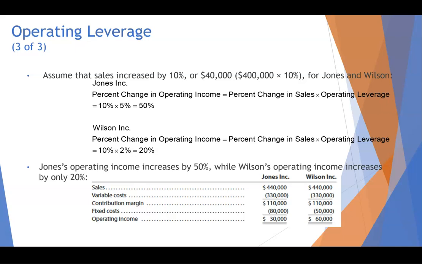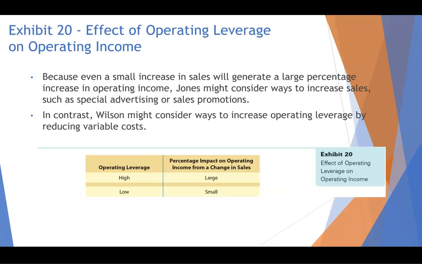Now, Wilson's percent change in operating income is the percent change in sales, 10%, times the operating leverage of 2. So you see here, Jones's operating income increases by 50%, while Wilson's only increased by 20% because Wilson didn't have those fixed costs.